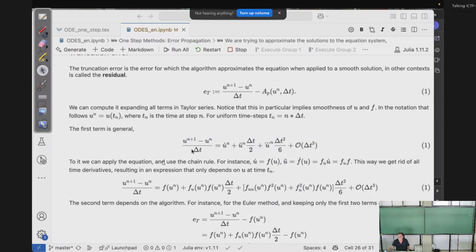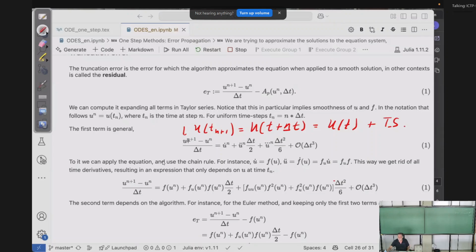So we expand in Taylor series around this point. This u here is u at t_{n+1}, which is u at t plus delta t. So we express this as u at t plus all the Taylor series terms.